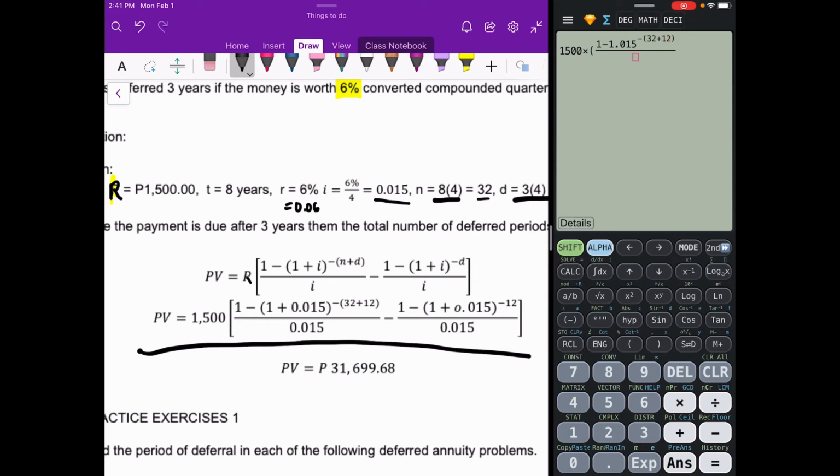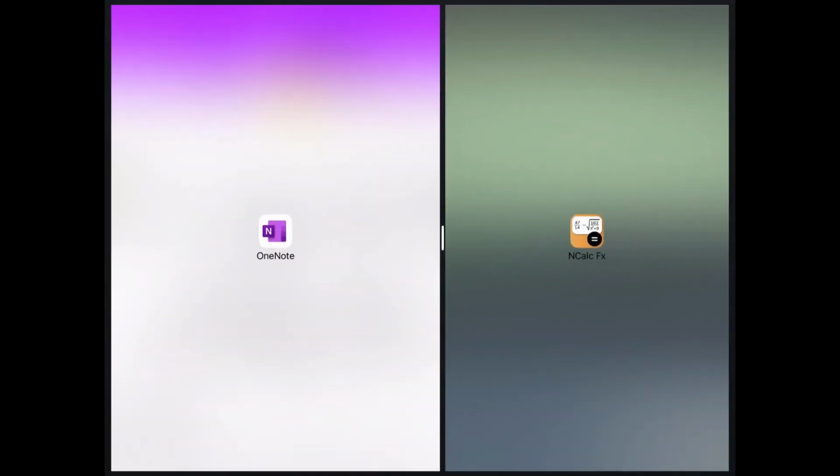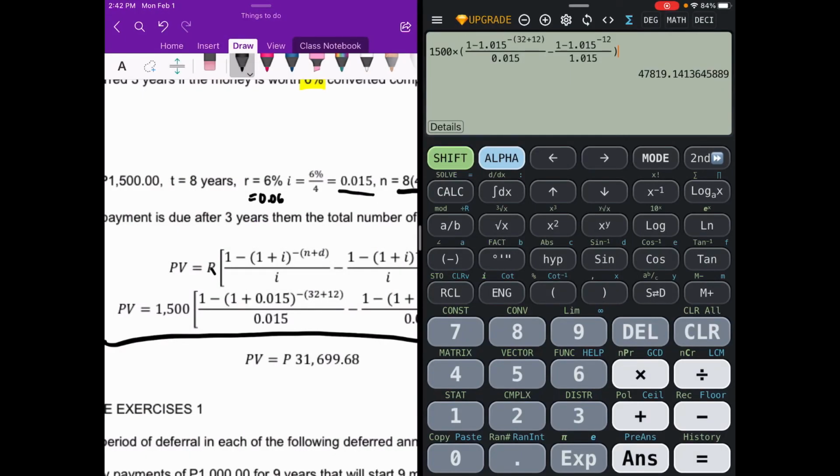Okay, so let's just have this one, 0.015, and then we have here minus, then we have this fraction again, 1 minus 1.015 raised to negative 12. And then for our denominator, we've got 1.015. That's it. Let's expand. So, that is the answer.